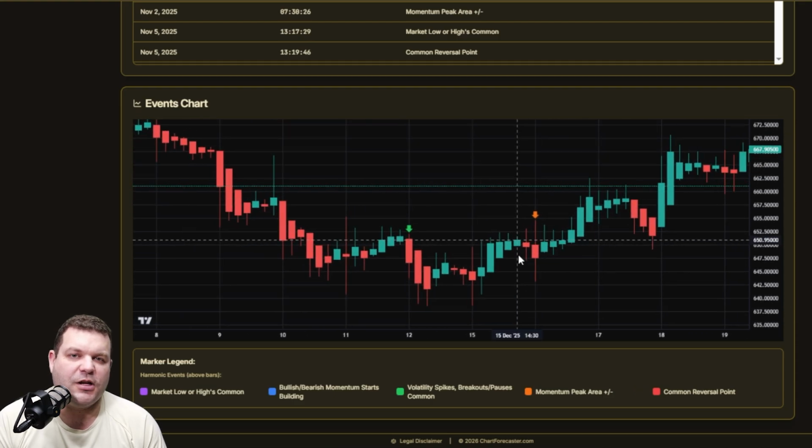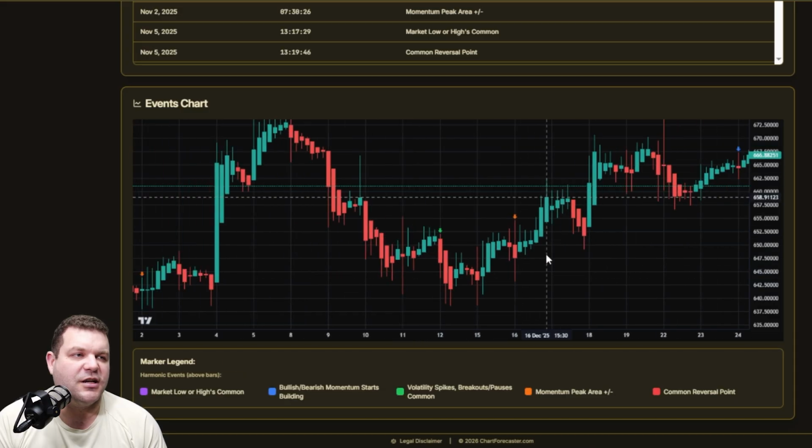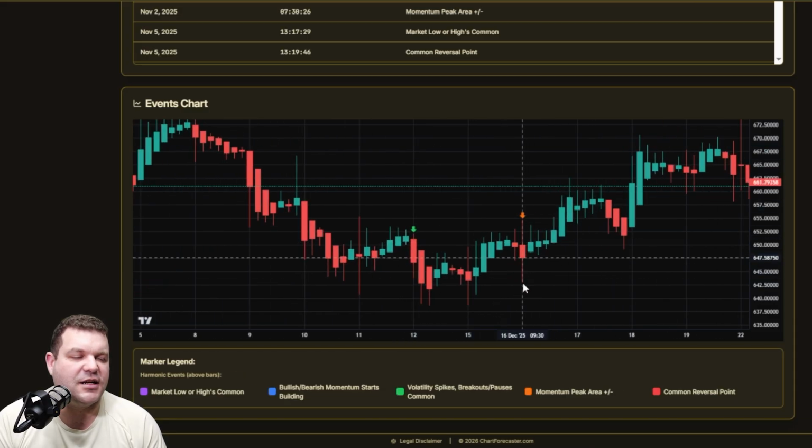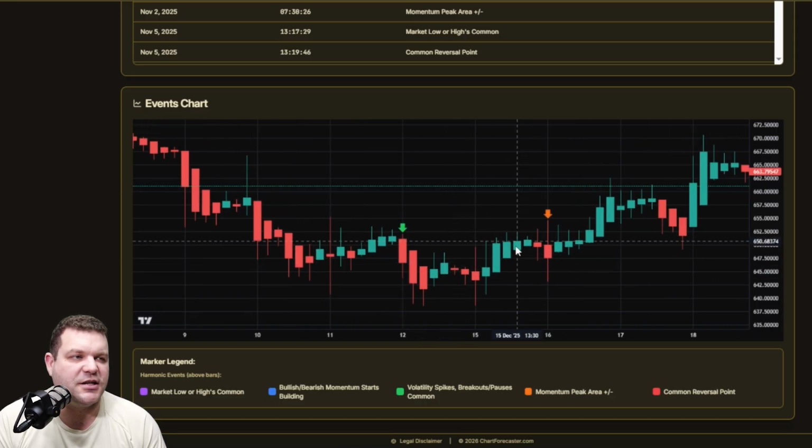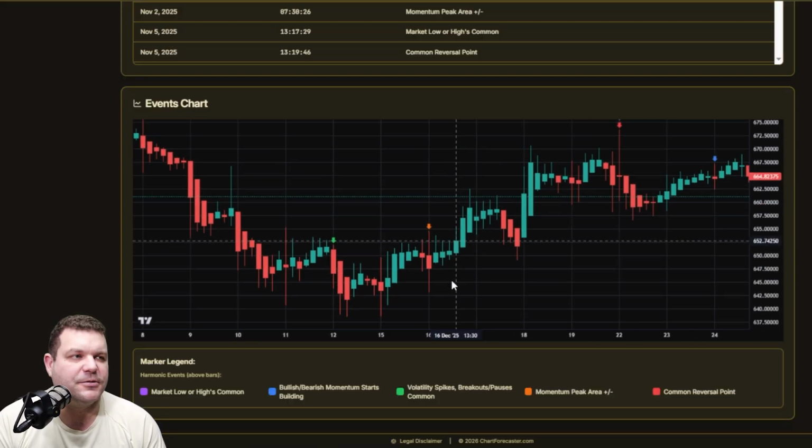Now, a breakout can be a breakup or a breakdown. So with that said, we saw the price break down here. Interestingly enough, it did capture that on this date, December 16th, this would be a momentum peak area. Price came up, it slightly dipped, and that was the momentum peak for that area.